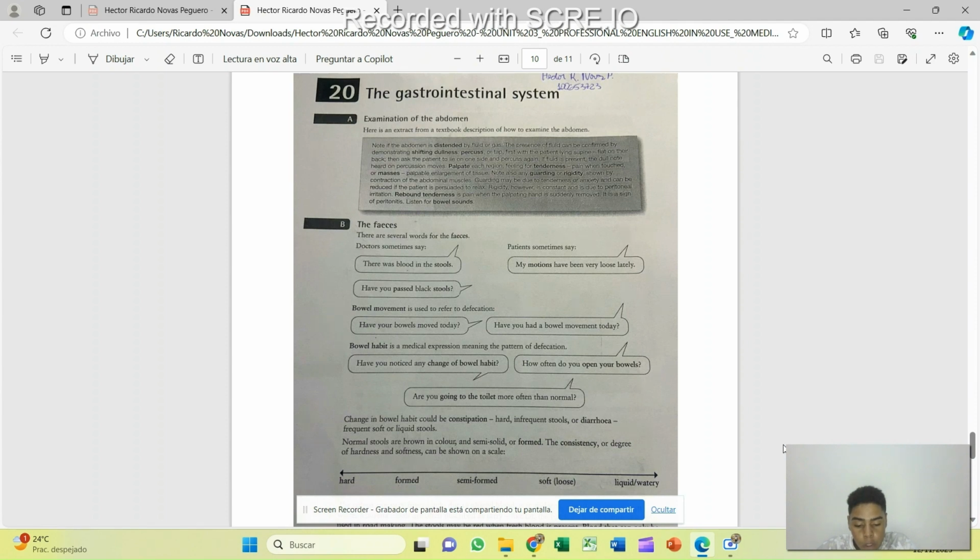Melaena stools are often described as tar-like, the black sticky substance. The stools may be red when fresh blood is present.